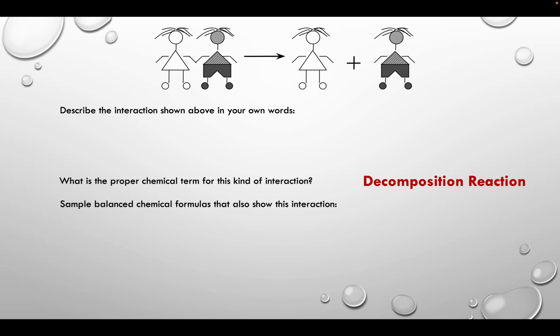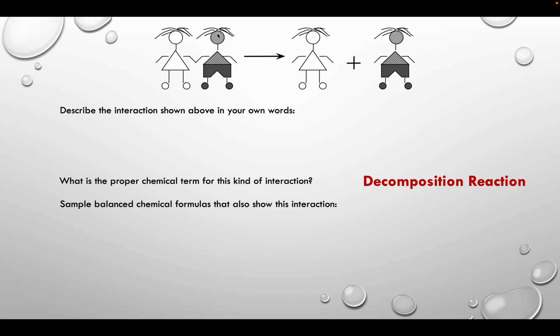The time that you most often hear the word decomposition is when we're talking about dead things, right? So it works there too. What's going to happen is that you start off with one body, a living being, and it dies and it decomposes. It falls apart into lots of individual pieces.